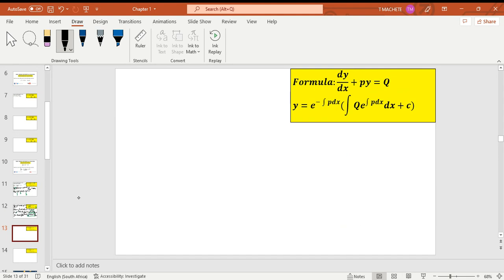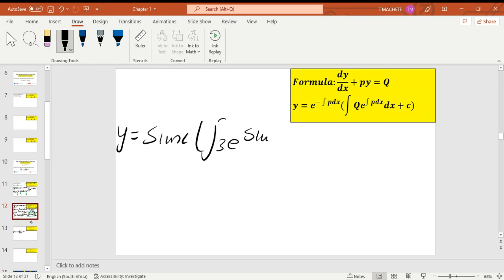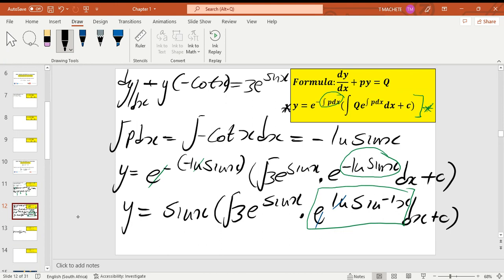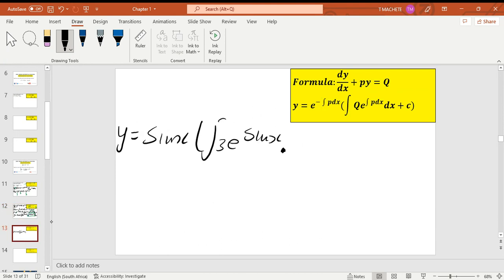You've got y equals sine x, integral of 3e sine x multiplied by, remember I said the e and the ln will cancel, so you're going to be left with sine to the power minus 1 x dx plus c.